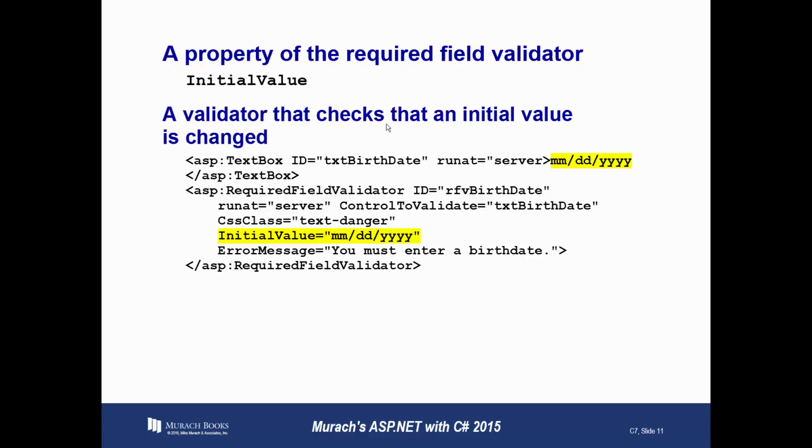If this value isn't changed, then the validation fails. So for instance, here the initial value would say mm/dd/yyyy. And the error message is you must enter a birth date. So if you put in an initial value and you don't change it, all right, then that would say that, oh, well, you just left the default in there, which isn't valid.